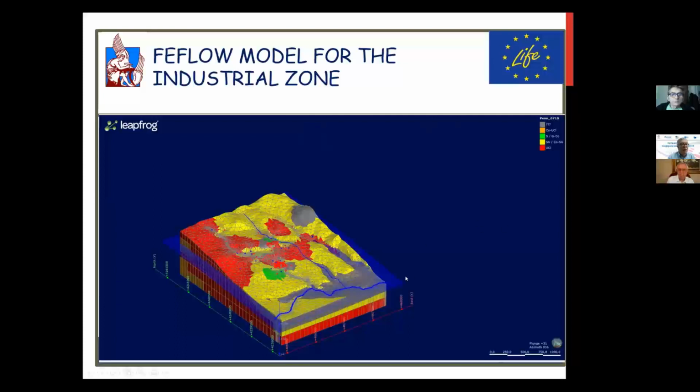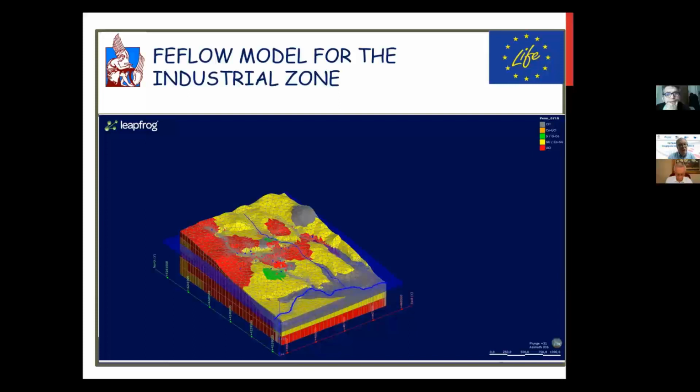The blue level here shows the groundwater table. And this is the analytical geology regarding the surface that we can see. The blue line here is the river. And all these small blue and red lines here are injection and extraction wells.